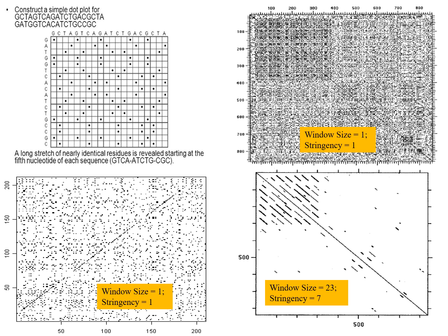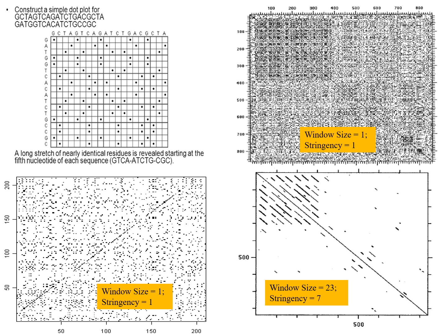So if the stringency and window size are 1, it means that there must be a 100% match in the intersection region. Only then is a dot placed. Otherwise, we don't place a dot.